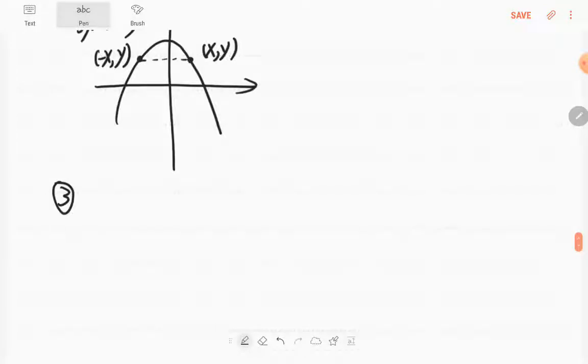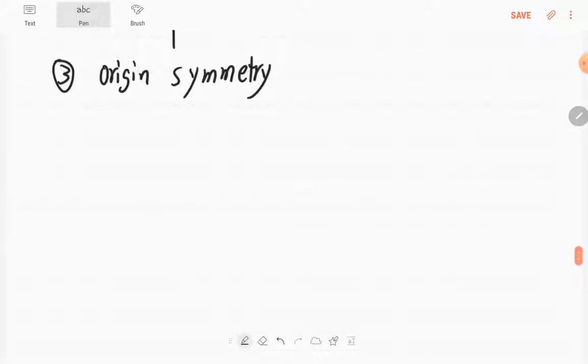The third one is called the origin symmetry. It means if you fold along the x-axis, then fold along the y-axis, the curve will coincide. Or if you fold along the y-axis and then the x-axis, the curve will coincide.